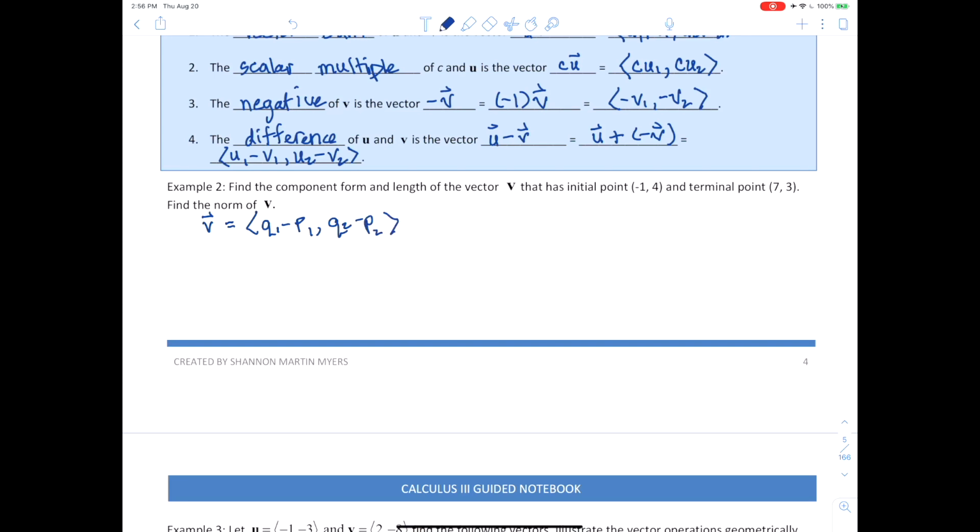If you also recall, our initial point we called P, right? So this one here would be P, and this guy here, the terminal point, would be our Q. Cool so far? So, well, v would equal, our q1 is going to be 7, and our p1 is -1.